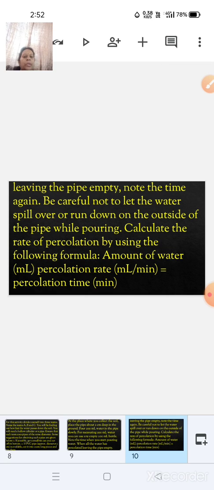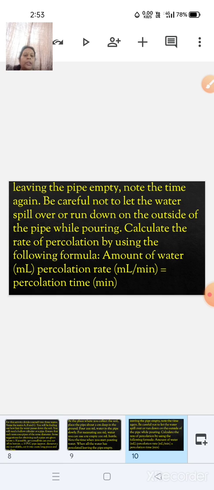So, after the pipe is empty, note the time again. But be careful not to let the water spill over or run down on the outside of the pipe while pouring.